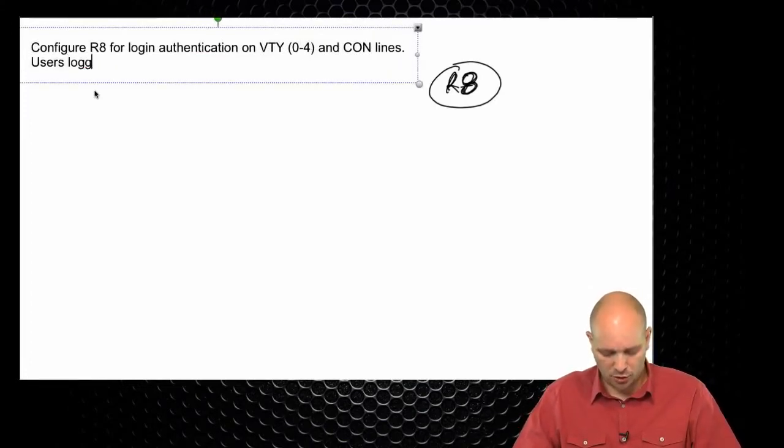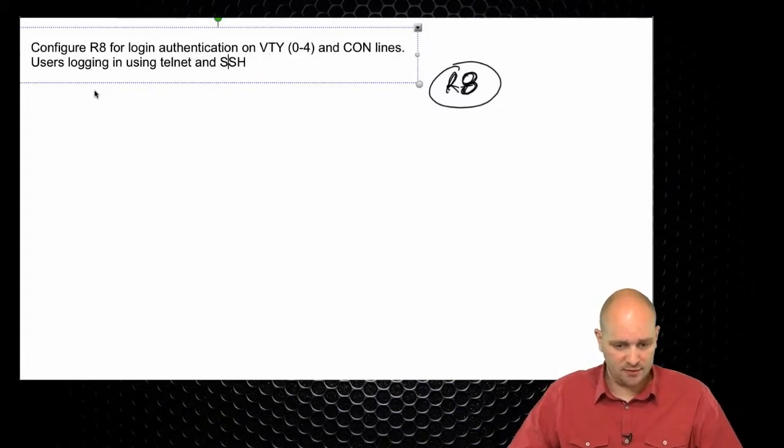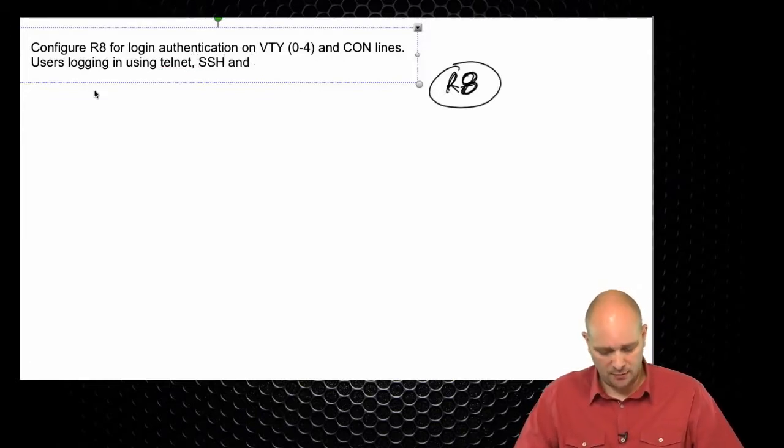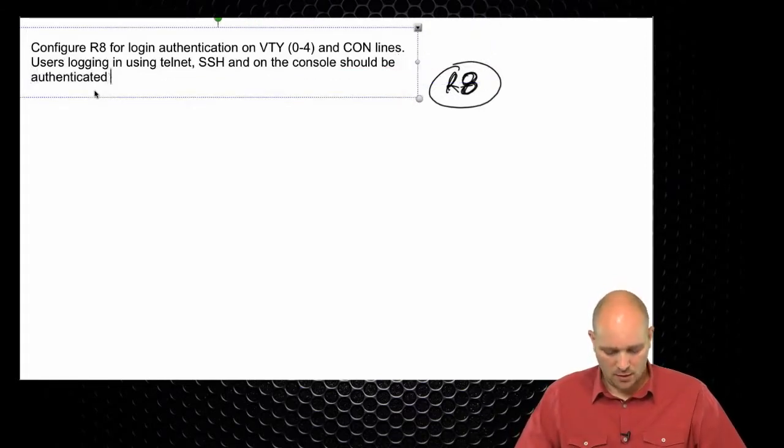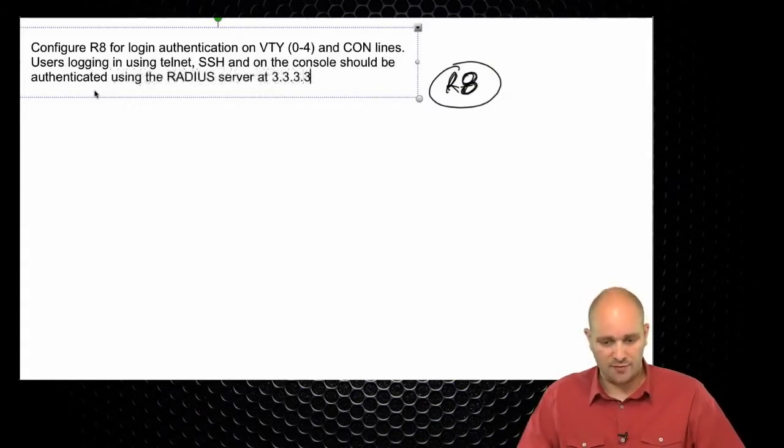Users logging in using Telnet, SSH, and on the console should be authenticated using the radius server at 3.3.3.3, key IPExpert.